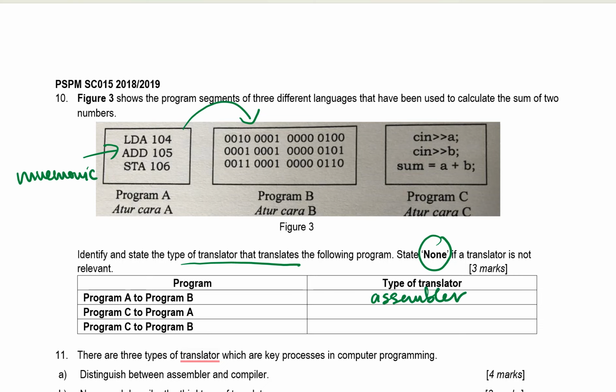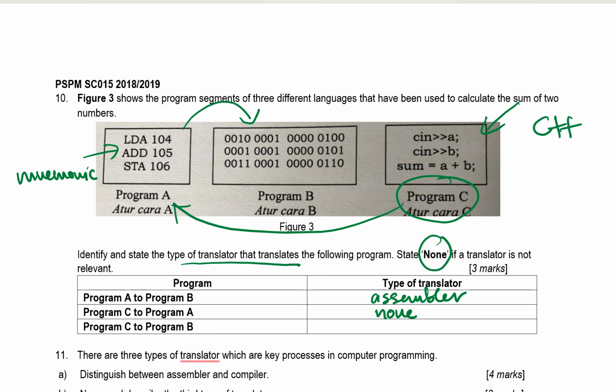Next, C to A. C to A, none, because you don't have a translator to convert from this. Actually this one is a C++ programming language. You don't have a translator to convert from high level language to assembly language.